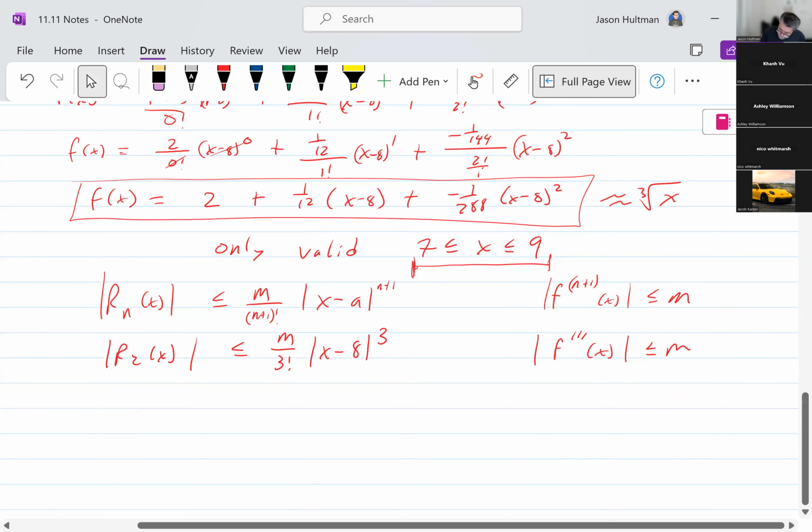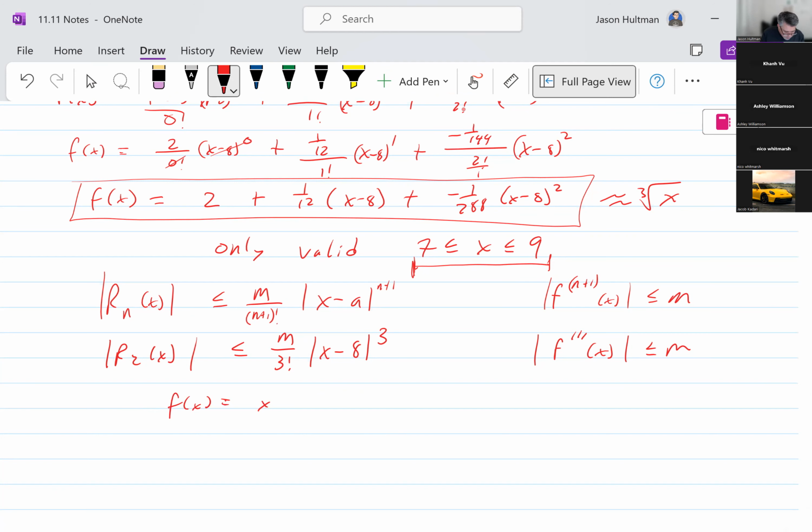Okay, so what was f of x? Well, f of x was, again, x to the 1/3 power. We already found the first two derivatives. The first derivative was 1/3 x to the negative 2/3.